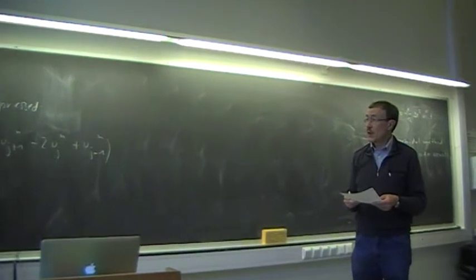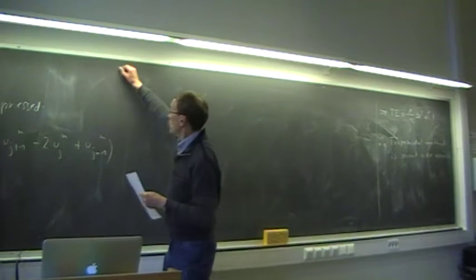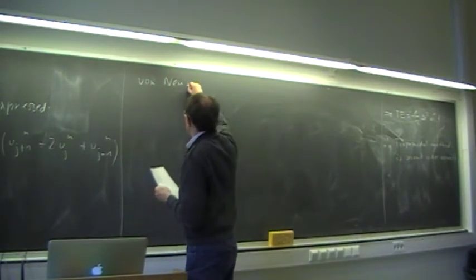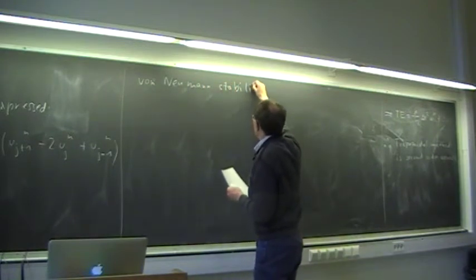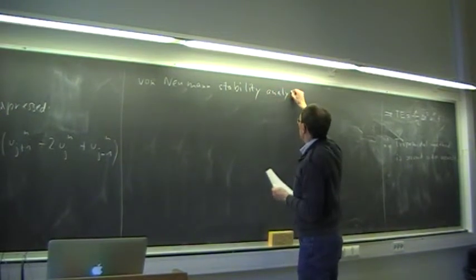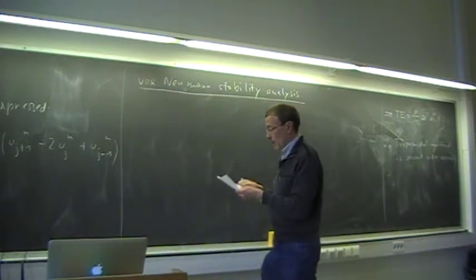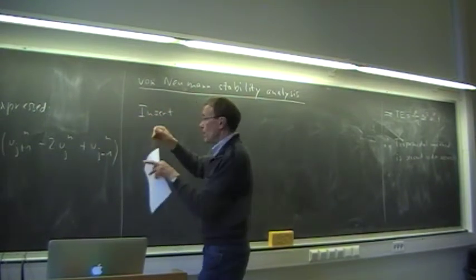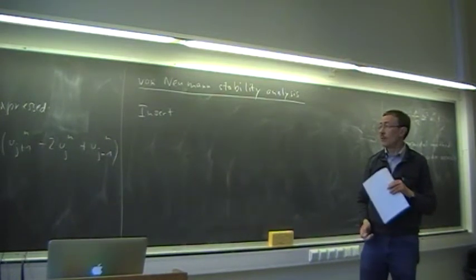What we do is, as usual with the von Neumann stability analysis, that we insert a Fourier mode. Just to remind you what we are doing, the von Neumann stability analysis, sometimes also called the Fourier analysis, is that we imagine that we can decompose the discrete solution in a finite sum of Fourier modes.